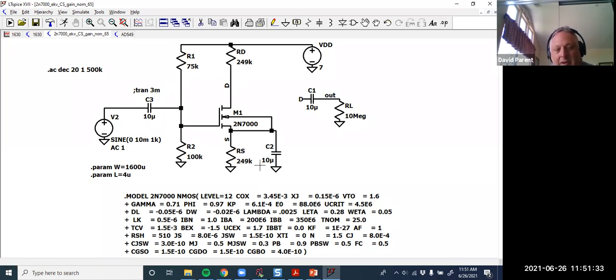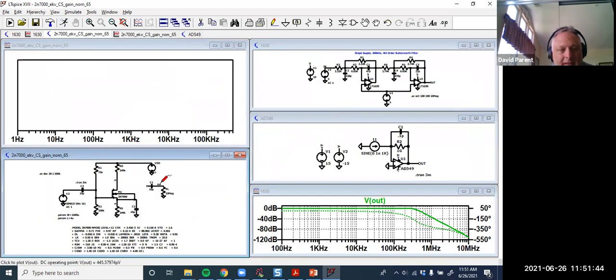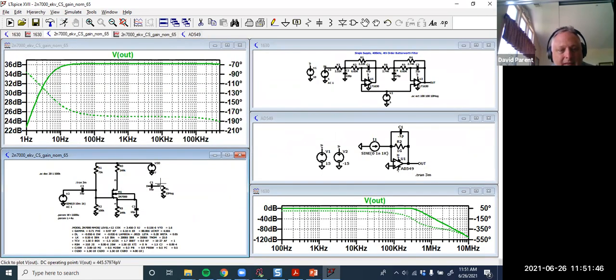It will open up all these capacitances, but then during the AC plot, it brings those capacitances back in. And that's what it looks like in frequency.